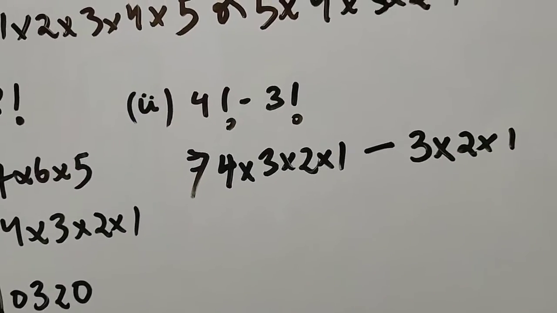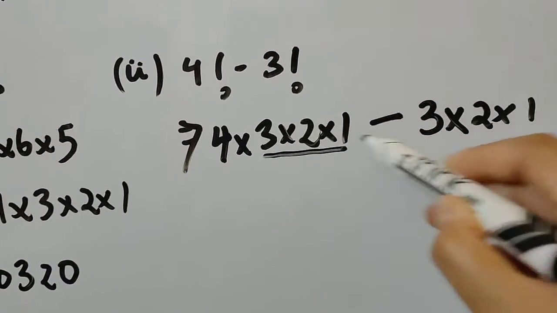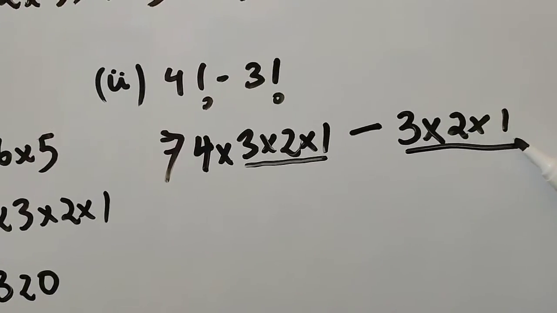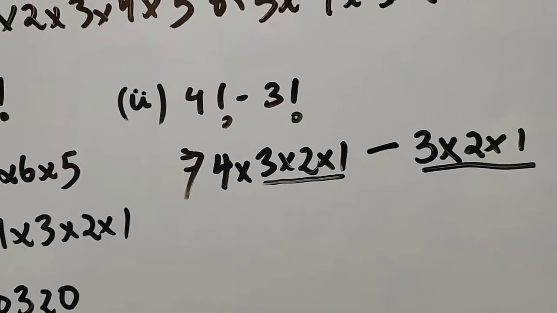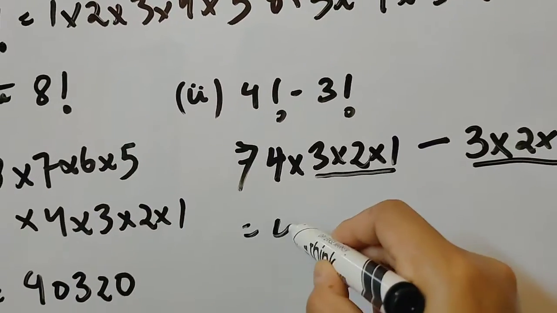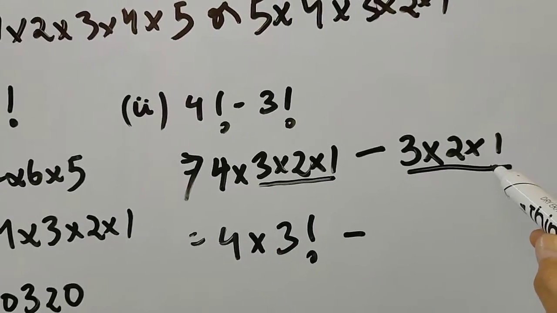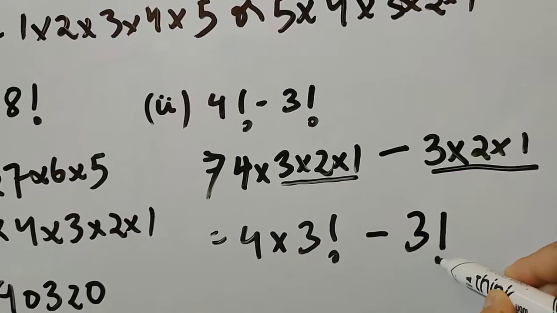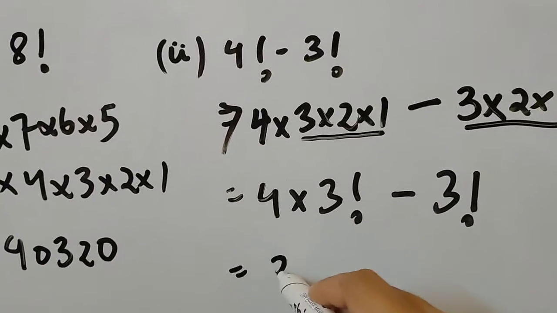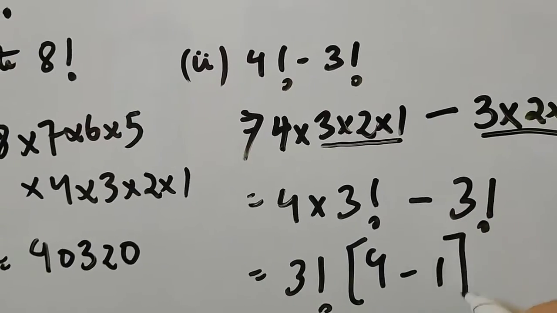But to make the calculation easier, you see this portion, 3 into 2 into 1, is your 3 factorial. So I can write 4 factorial as 4 into 3 factorial, minus 3 factorial. Now take 3 factorial common, then 4 minus 1 is left.